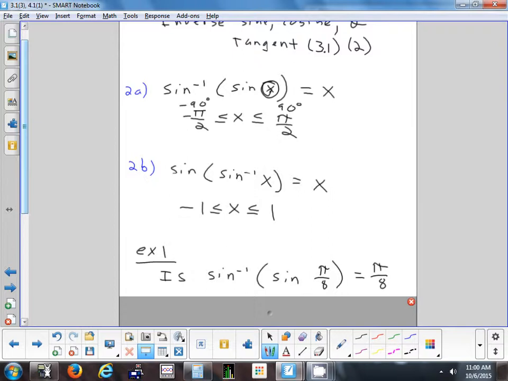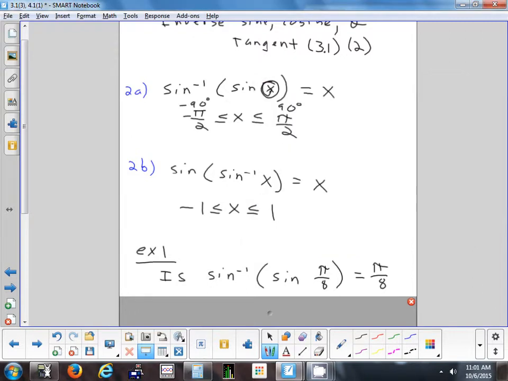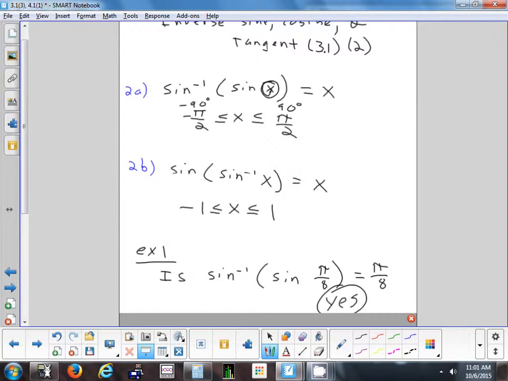What we might want to do if you can't figure out if pi over 8 is between these numbers is change it to degrees. Multiply by 180, divide by pi. It's 22.5 degrees. Is that between the two numbers it has to be? Yeah. So the answer to this is yes. 22.5 degrees is between negative 90 and 90.